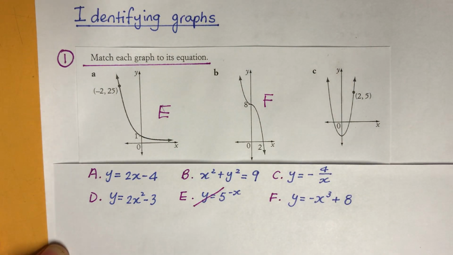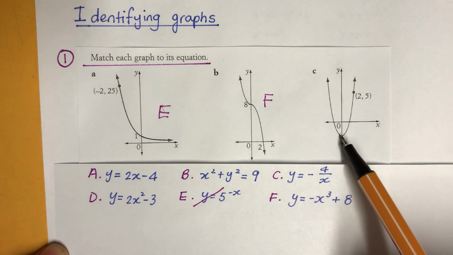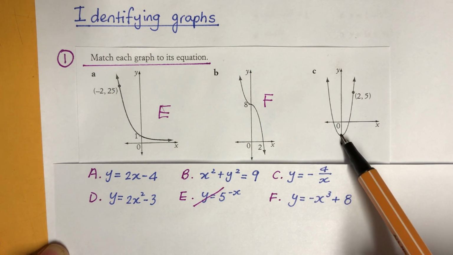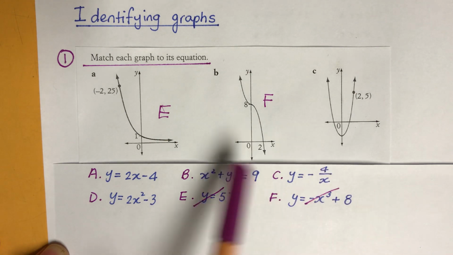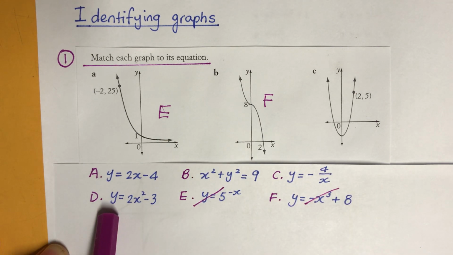And C is definitely parabola. And it's concave up, which means the coefficient of x squared is positive. And its vertices or x-intercept is negative. So let's have a look. I'm going to cross this out. Which one is parabola? D is parabola.